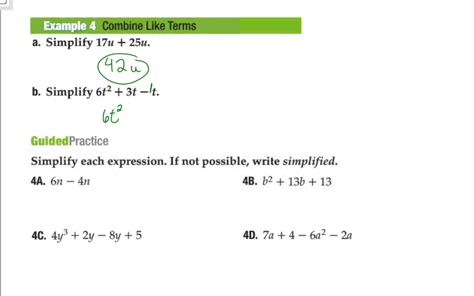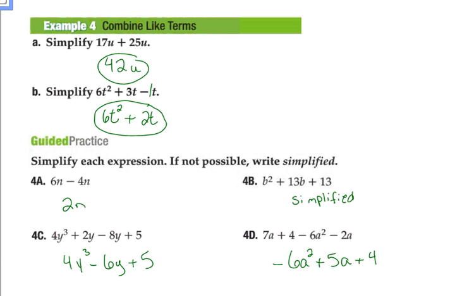Again, understanding that is subtracting 1 t. We have 3 t's. We are subtracting one of them, so we have a positive 2t left over. Again, say that positive so we understand that we are actually adding that on to the problem. All right, go ahead and try those guided practice and then play the video and check with my answers.